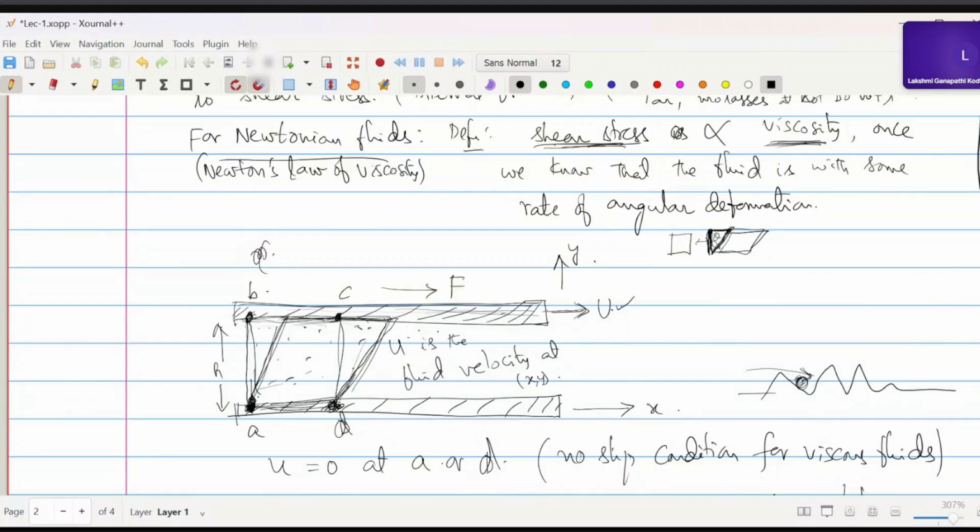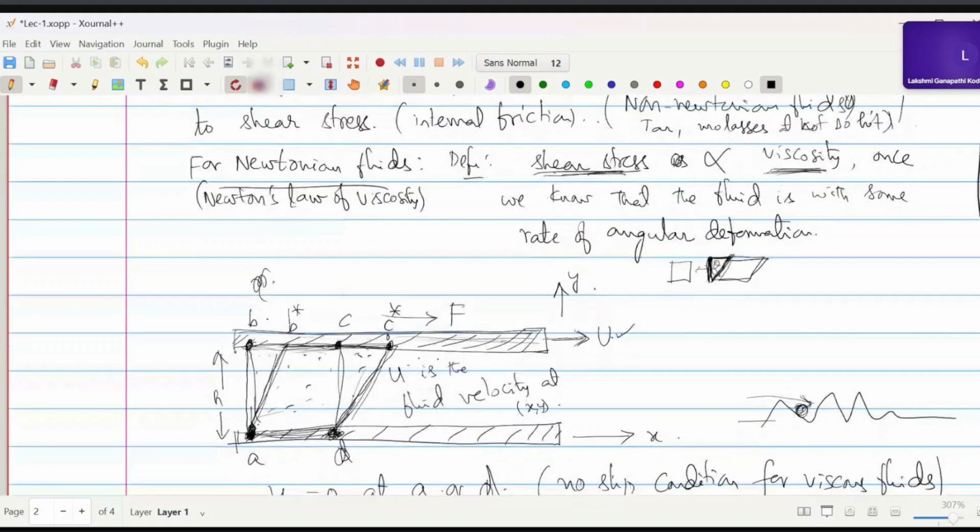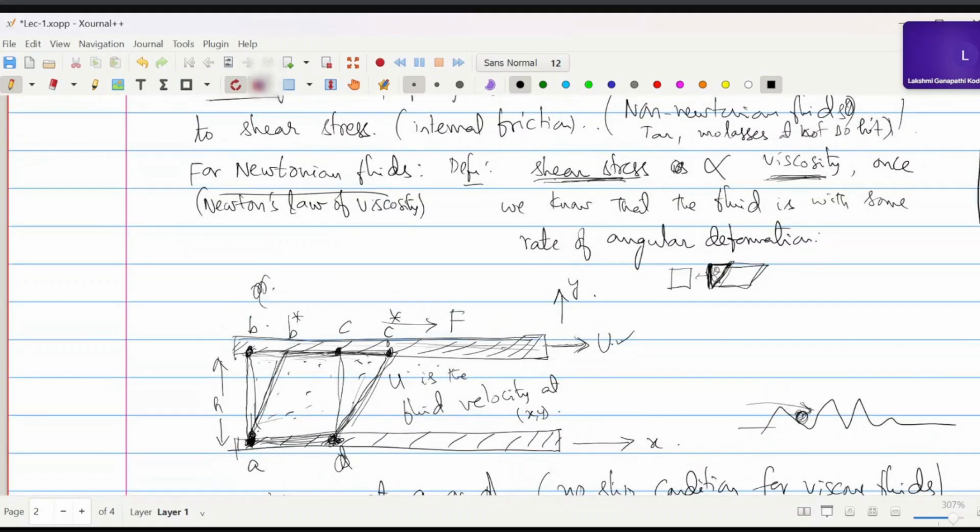It is 0 initially, and then it goes from B to B star, C to C star. So the B star, C star velocity is U, and that divided by H is actually your rate of deformation. Basically, the rate of angular deformation.